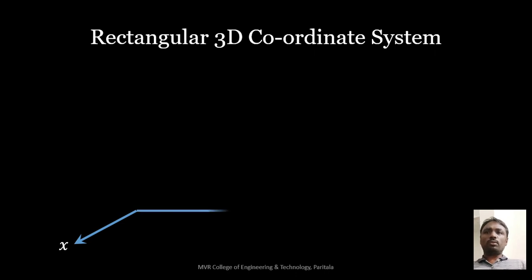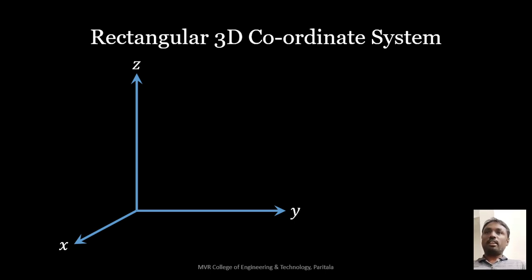If you want to know about the 3D coordinate system completely, you need to know about the planes that exist in the coordinate system. Next, the incremental volume. Then the unit vectors that exist in this coordinate system, and their dot product and cross product.